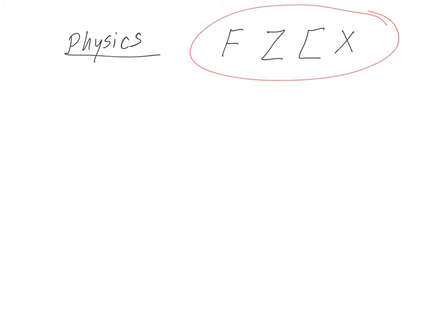So I'll show you the four angles that are required. So F: the angle over here is always equal to the angle over here. These are called corresponding angles.